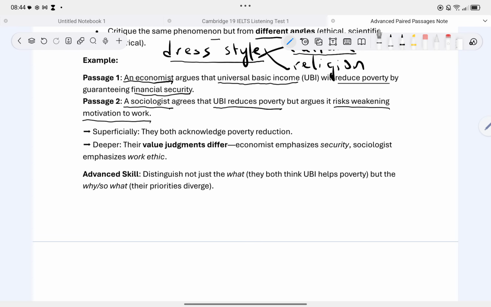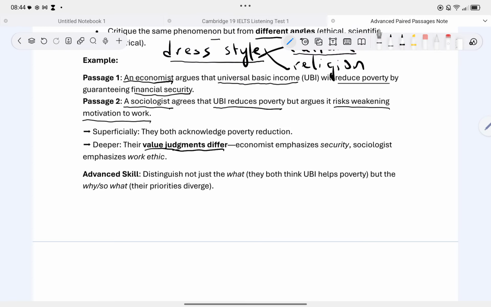So superficially they both acknowledge poverty reduction, but at a deeper level, their value judgments differ. So the importance is what differs. The economist emphasizes security, the sociologist emphasizes work ethic.